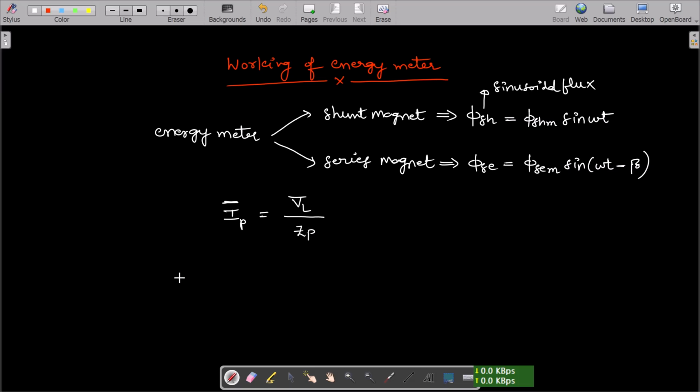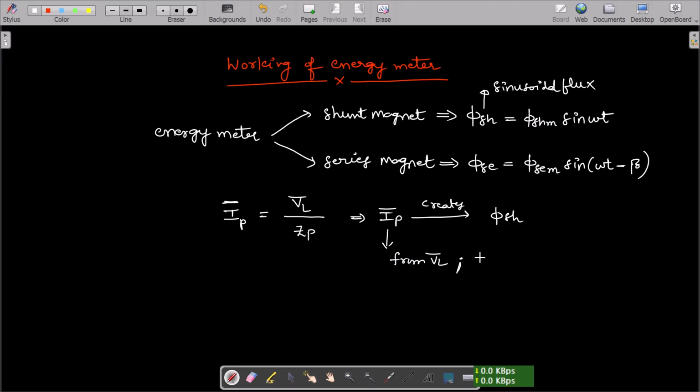the impedance of the shunt coil. And this IP creates phi sh. From where is this IP coming? IP is coming from VL.